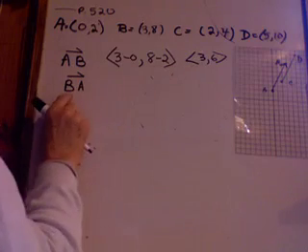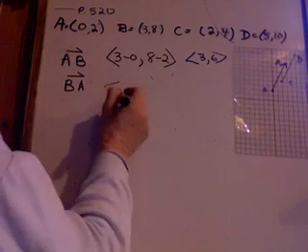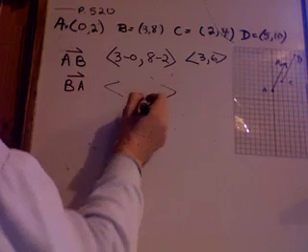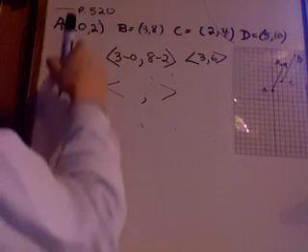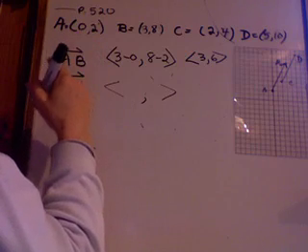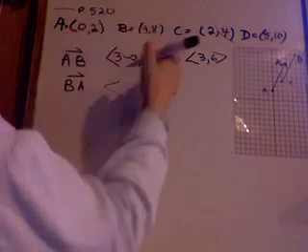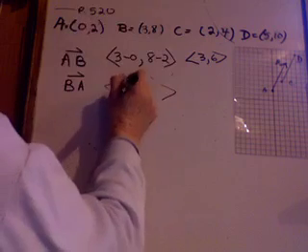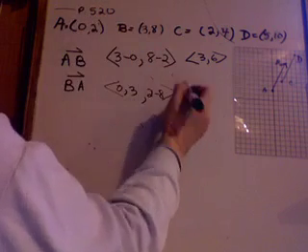Now, this vector has a different name. Watch how I find this one. All right? This one says I'm starting with B and I'm going to A. So A is the terminal point. So I take 0 minus 3, and I take 2 minus 8.